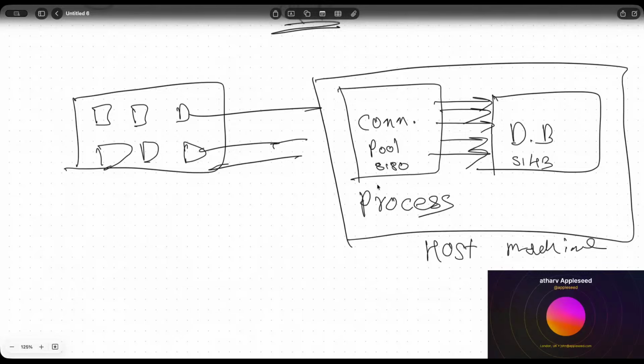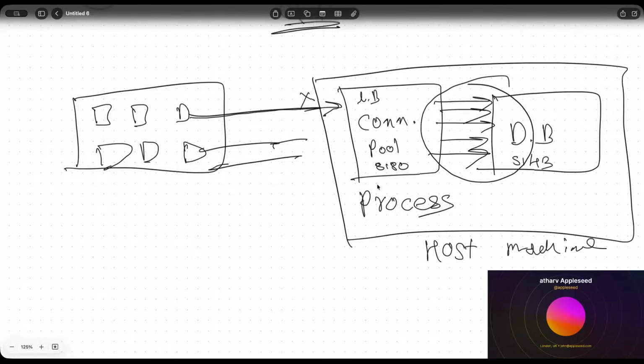So in a sense, the connection pooler acts as a load balancer. We can say not actually a load balancer, but it holds persistent connections with the database, and its only task is to let the server connect and disconnect.